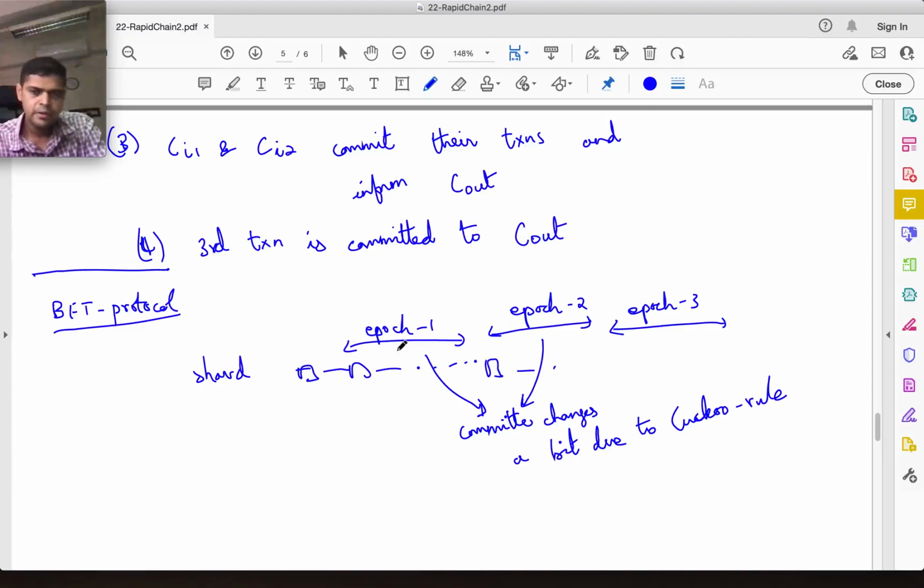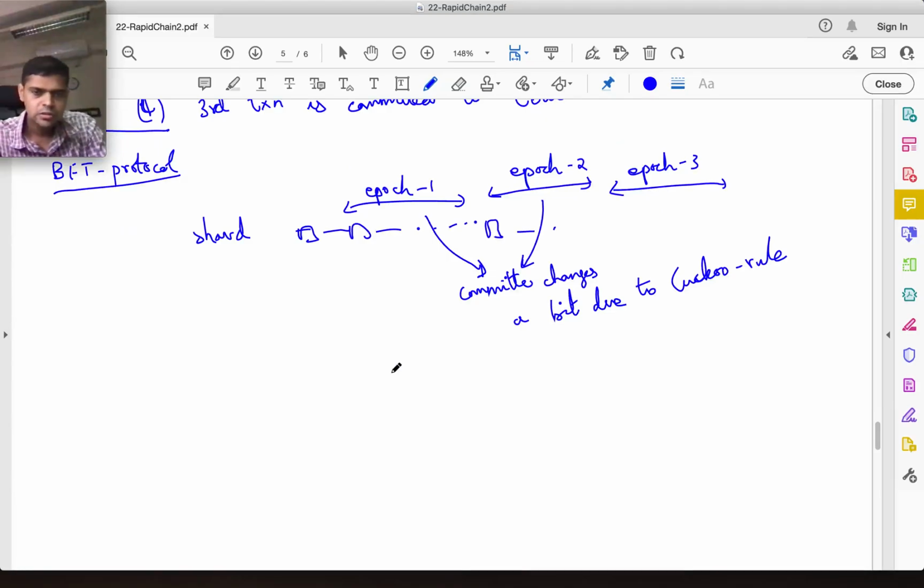So within an epoch, when there are many blocks generated like this, how are we going to generate blocks over there? How are we going to deal with consensus? Okay. So what the authors propose is the following.